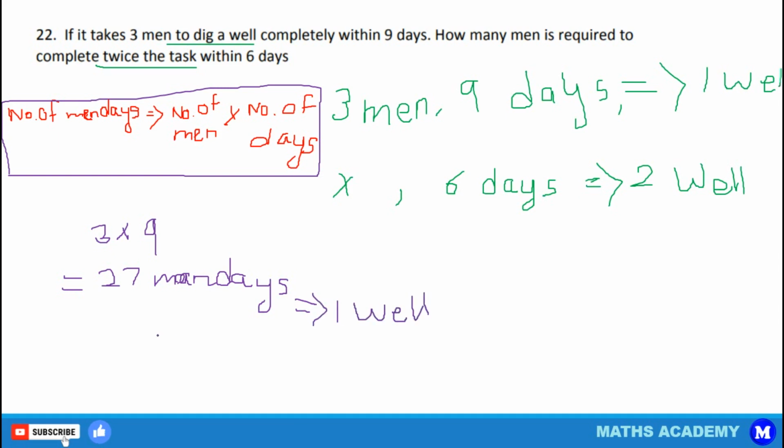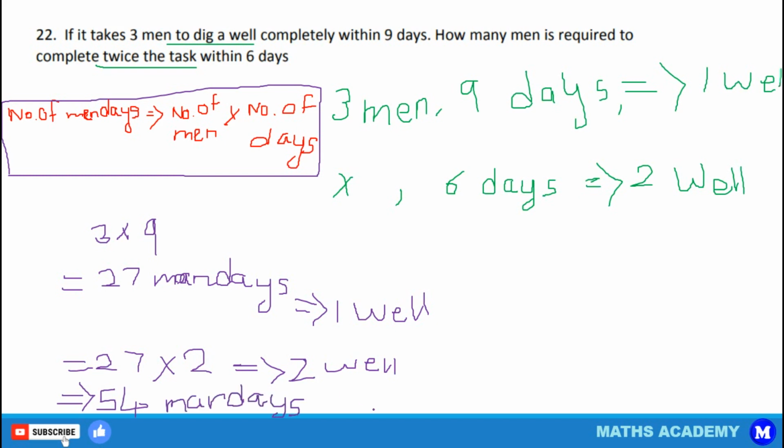So to complete 2 wells, that is 27 multiplied by 2. This is equal to 2 wells. That will be equal to 54 man days.